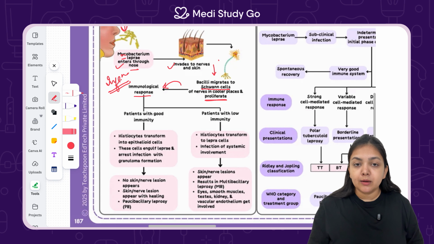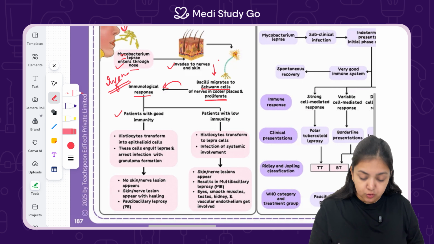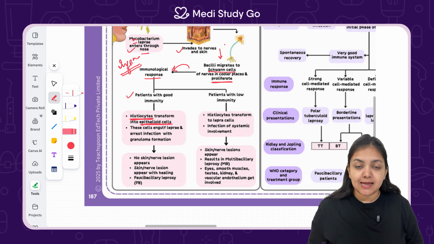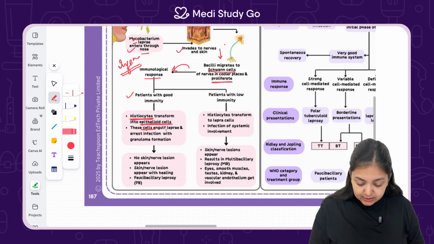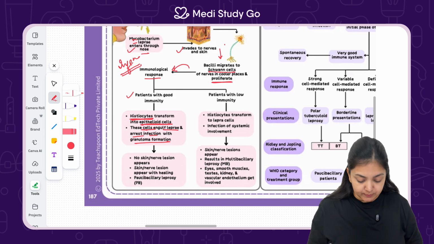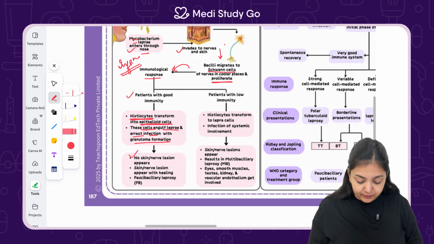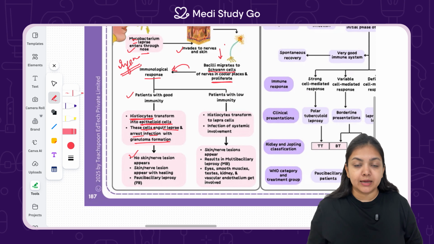Now, there can be two situations. Either the patient has a good immunity response or it does not. If the patient has a good immunity response, the histiocytes transform into epithelioid cells and they engulf the leprae cells into themselves. So the cells engulf leprae and arrest the infection with granuloma formation. This does not lead to any skin or nerve lesion, and lesions appear only after the healing has happened.